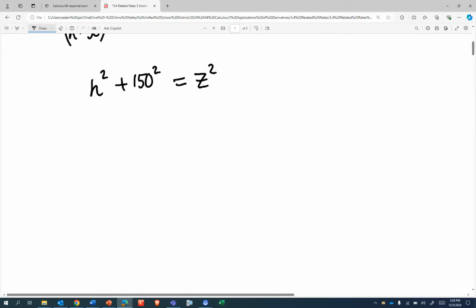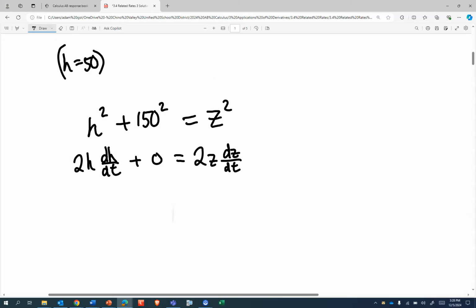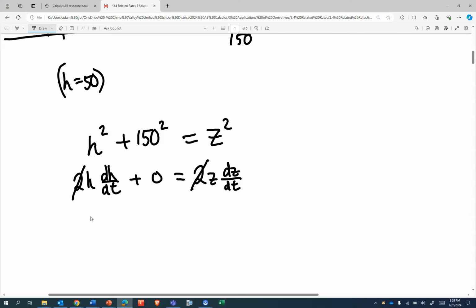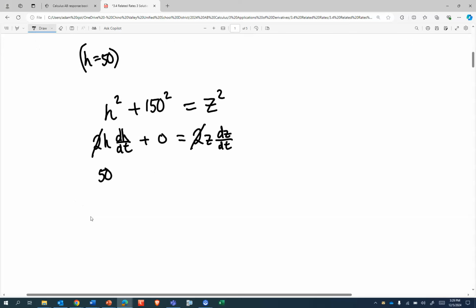Taking the derivative with respect to time, 2h dh dt, plus 0 is equal to 2z dz dt. I'm going to divide out the 2's. Maybe I'll just cross them out. And h is equal to 50. dh dt, that's the 8 we already found.